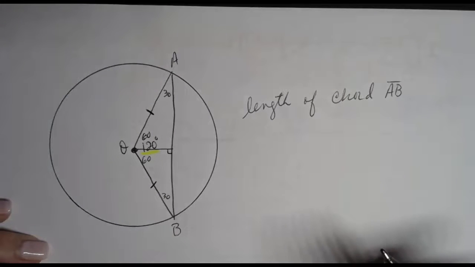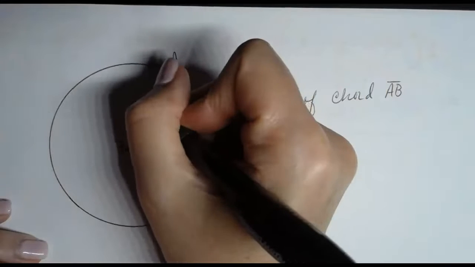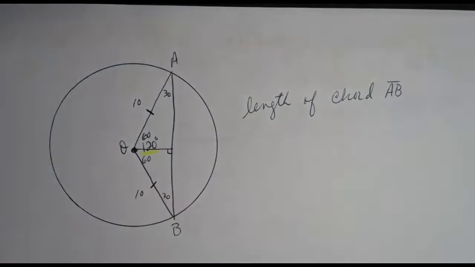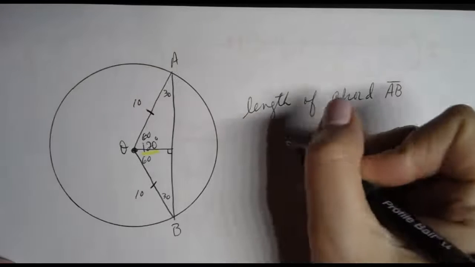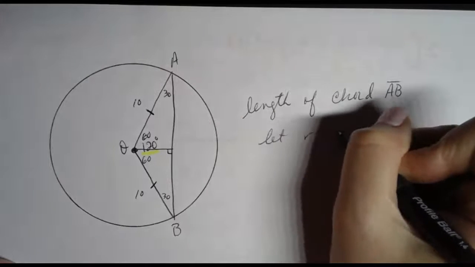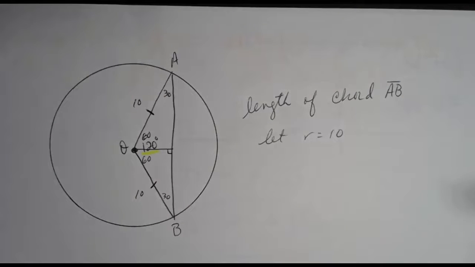So what if I let the radius equal 10? It's always easier if you plug in a real number rather than just x. We can always take that back out on the back end. So let r equal 10. Remember, powers of 10 are always the easiest things to plug in.